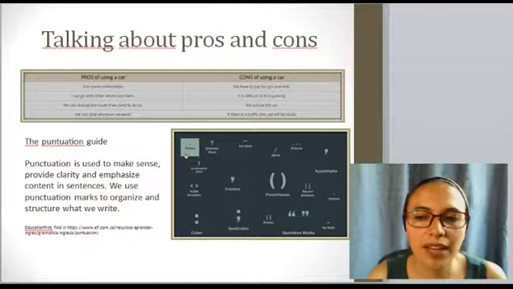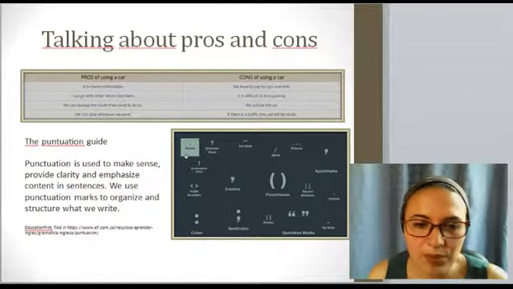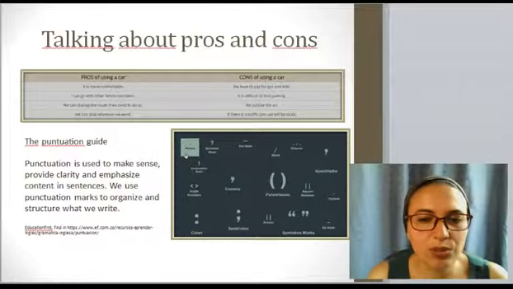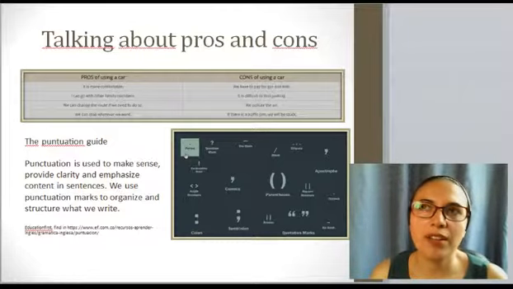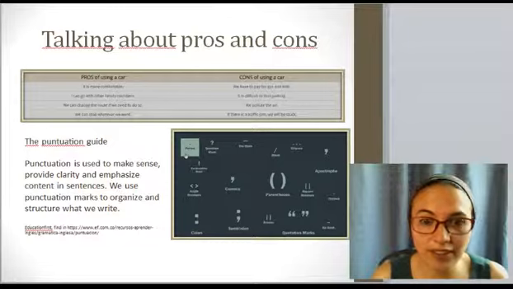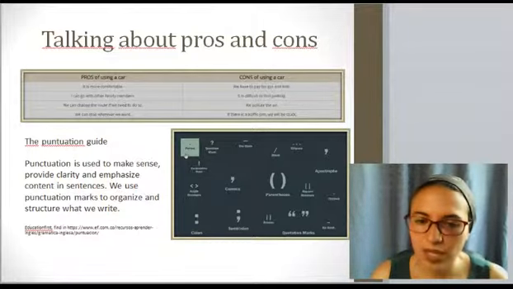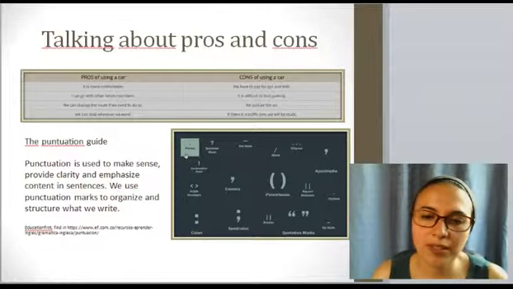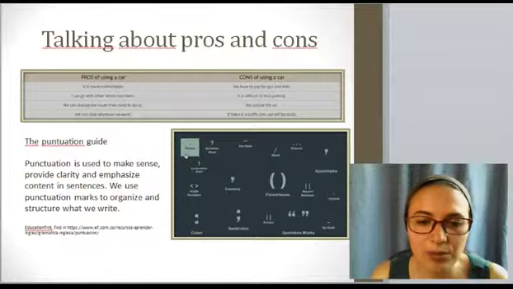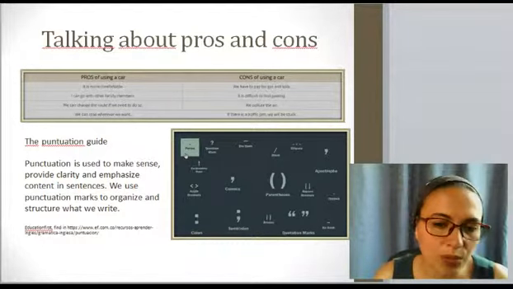Okay, and next, the punctuation guide. Punctuation is used to make sense, provide clarity, and embrace content in a sentence. We use punctuation marks to organize and structure what we write.